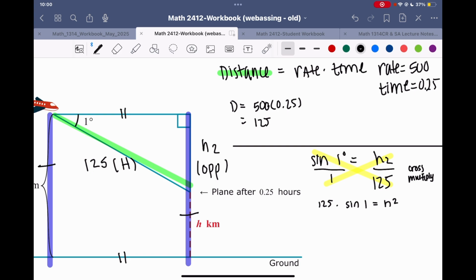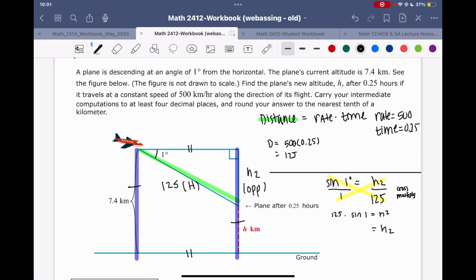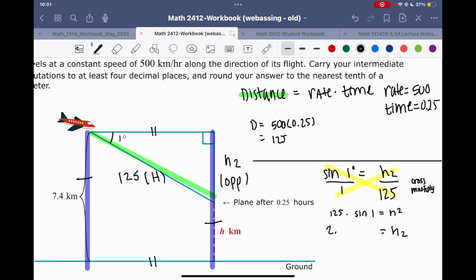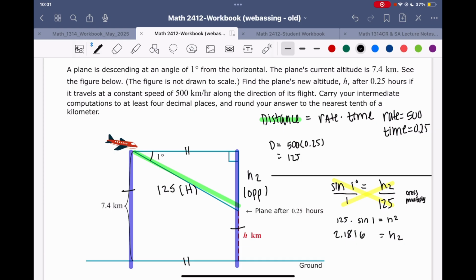And then we put that in the calculator. We're going to get H2 is equal to, in the instructions, it says to use 4 decimal places. So when I put that in the calculator, I'm going to get 2.1816. But the question is asking us to determine what this H is equal to. So what's this H equal to?